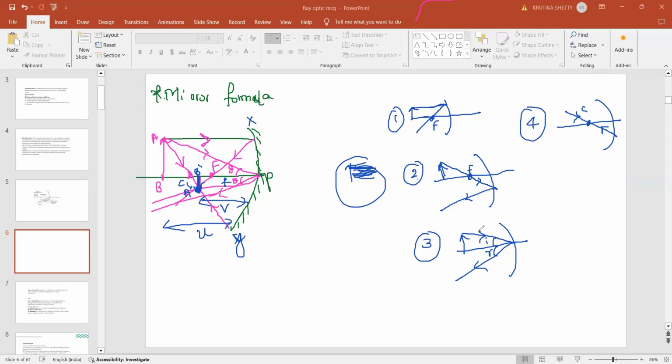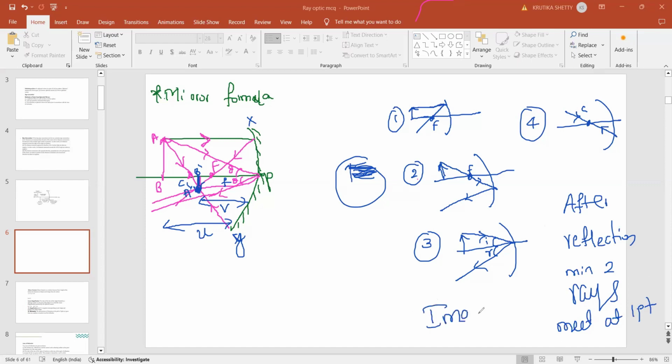Among the 4, minimum 2 rays after reflection meet at one point. At the point where minimum 2 rays meet, the image is formed. There we can see the image formation.